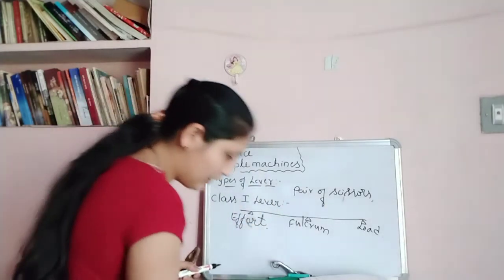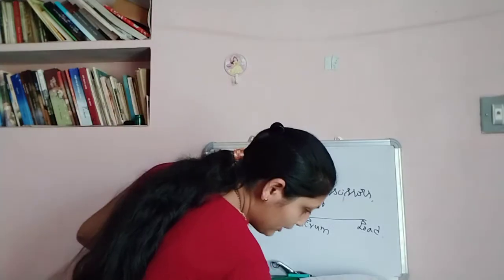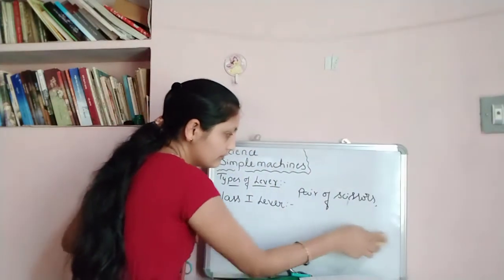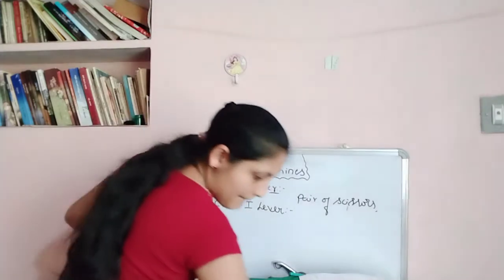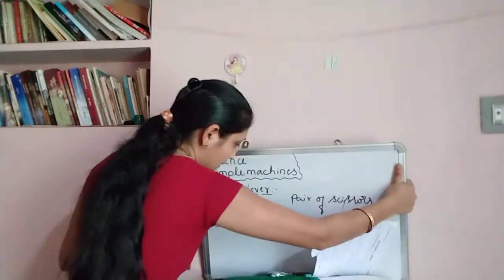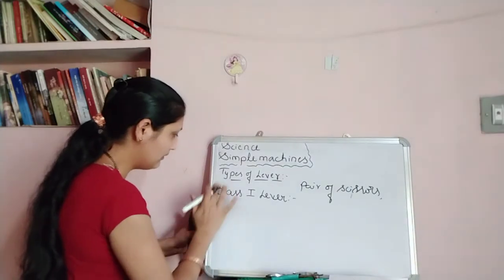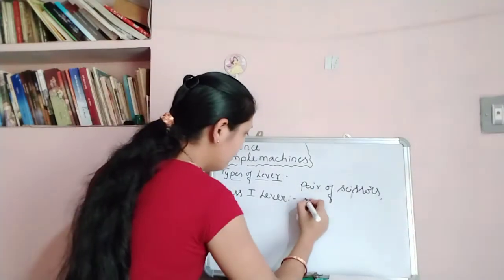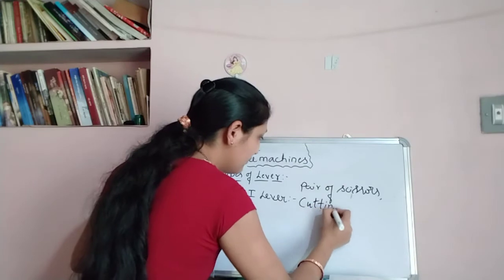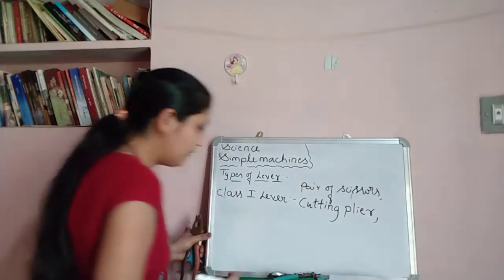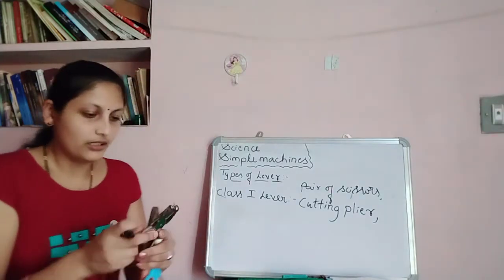So pair of scissors, then cutting plier, then this one, punching machine.